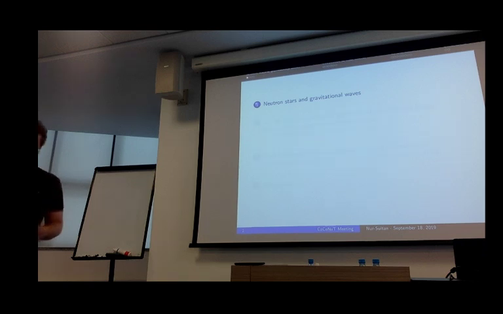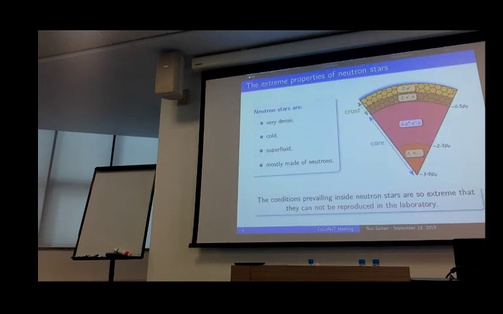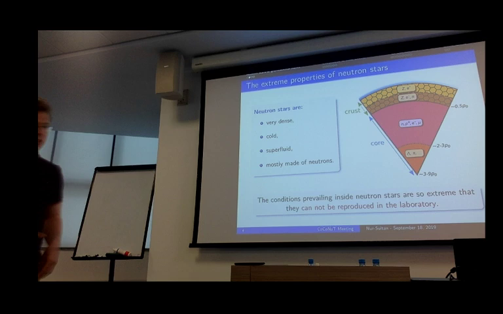Let me first recall some very basic features of neutron stars. As you know, neutron stars are very interesting objects because of their very peculiar properties. These stars are very dense, with average density much higher than those found in nuclei in the laboratory. They are also cold, at least for old enough neutron stars, and mostly made of neutrons.